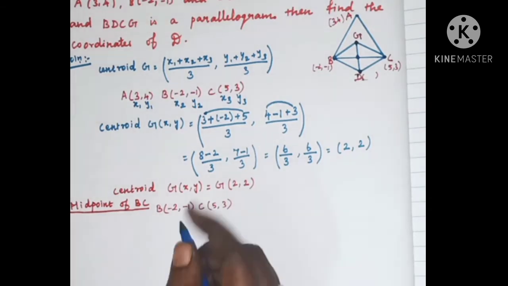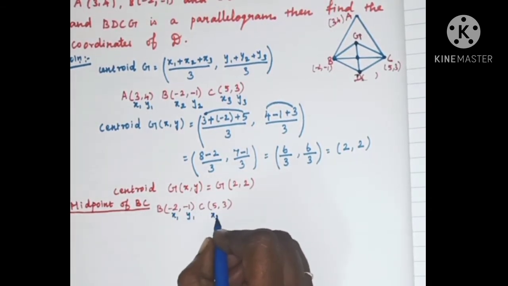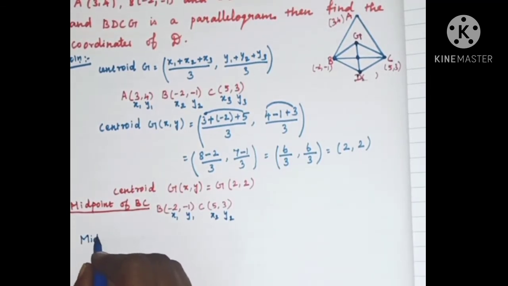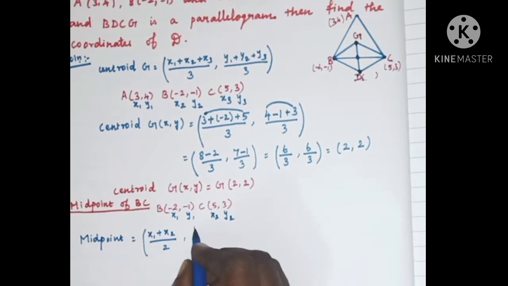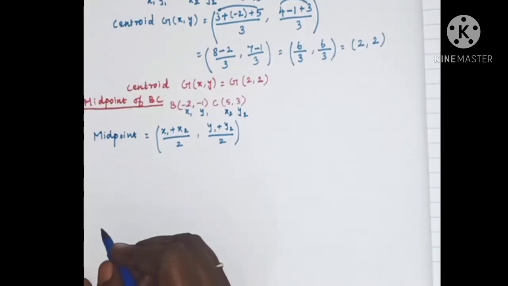So take these coordinates as x1, y1 and these as x2, y2. Now, using the midpoint formula, we are going to find the midpoint. What is the midpoint formula? You know already, x1 plus x2 divided by 2, y1 plus y2 divided by 2. This is the midpoint formula.